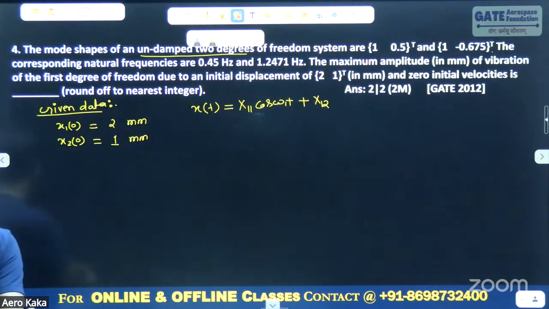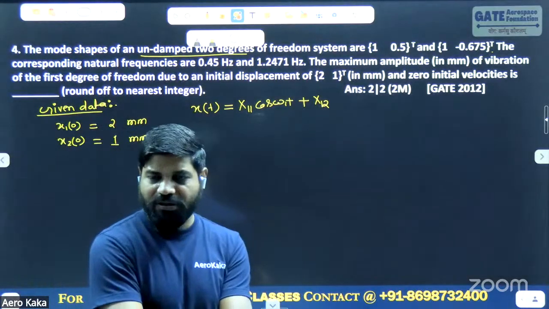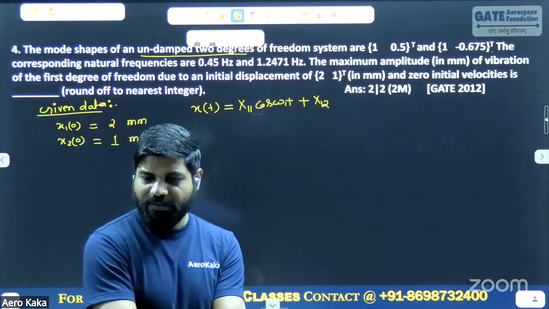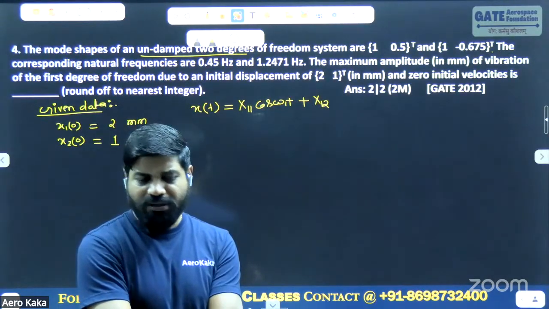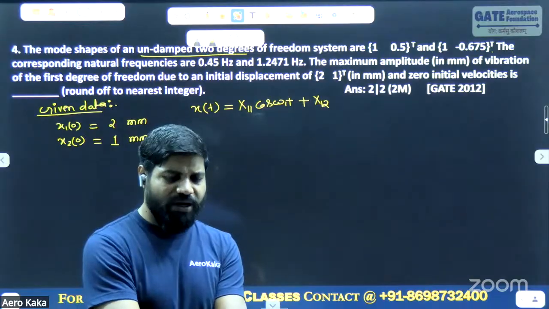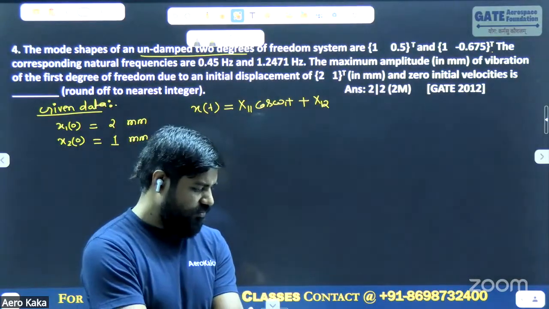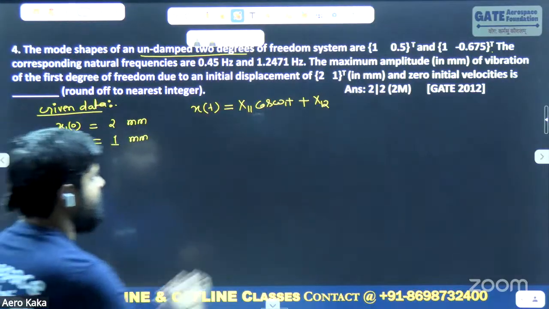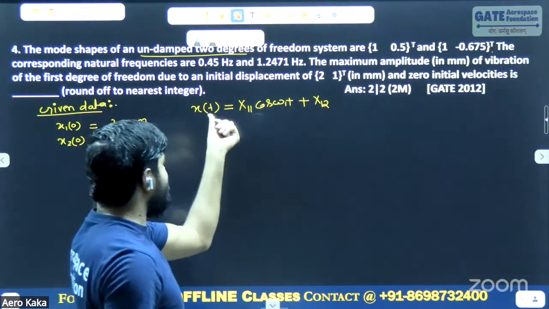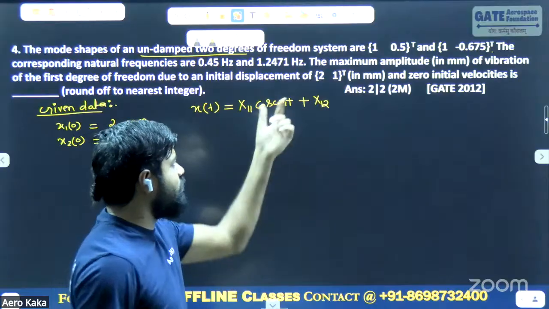Omega 2 t should be there. Are you sure? Yes sir, cos. Because at t equal to 0, it should be cos only.